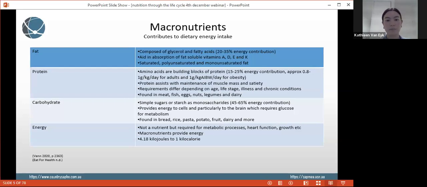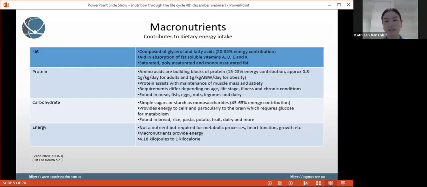So firstly, fats, which are composed of glycerol and fatty acids. We aim to get about 20 to 35% of energy from fat. Fat helps with the absorption of different vitamins, A, D, E, and K, our fat-soluble vitamins. We've got our good and bad fats, so our saturated fats, which are our not so good fats, and then we have our poly and monounsaturated fats, which are the good ones.